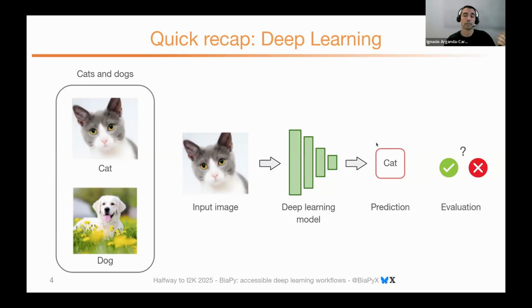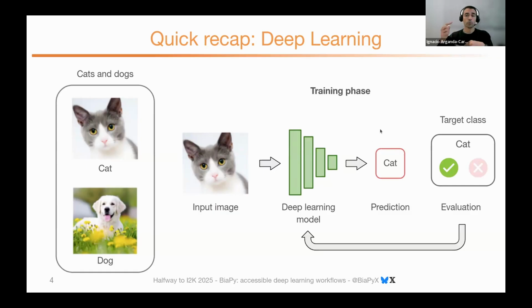We have to decide if the actual category of that image was correctly predicted or not. In this case, it was. And then we iterate and we show more and more images to the model, and based on how well it classifies them as one class or the other, we correct the parameters of the model so it gets better and better at making those predictions.